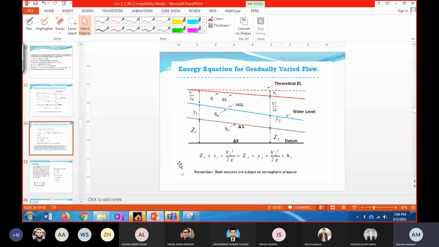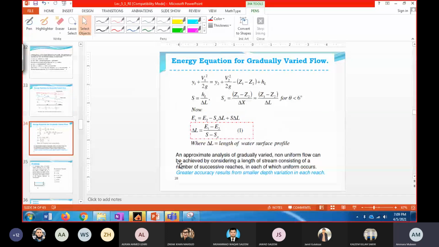So there are some questions in which you'll be calculating the length between the two depths. The depth of the water surface would be given, and you would have to calculate the distance between the two depths.